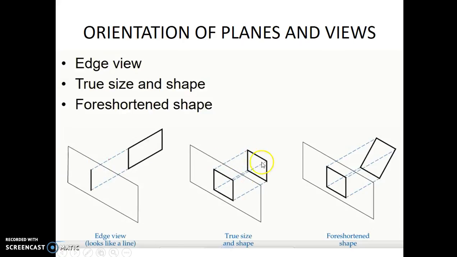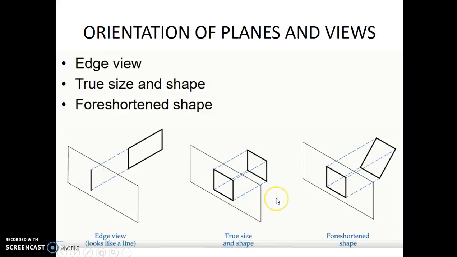It can be parallel to the projection plane, and it can even be inclined to the projection plane. Coming to this, when the plane is kept perpendicular to the projection plane, the view obtained in the projection plane is a line. This is called as the edge view.